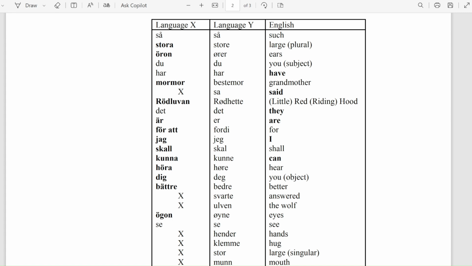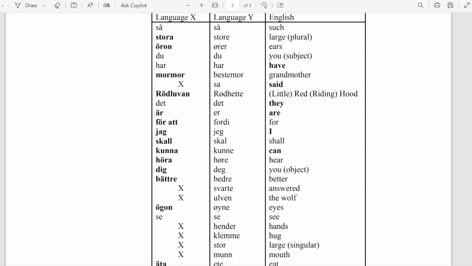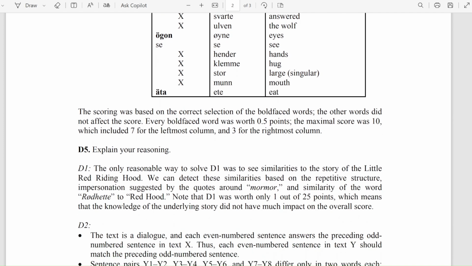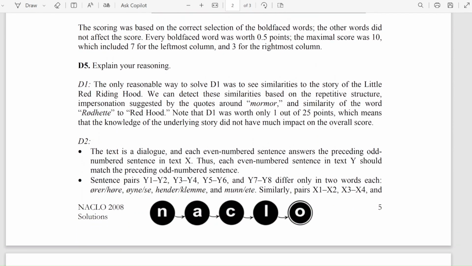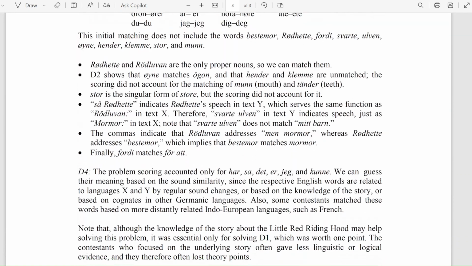And I checked the table before filming this, and we got pretty much everything right. So I'm just going to scroll through it slowly, and feel free to pause. And then finally, this is explain your reasoning. I'm going to skim through that.